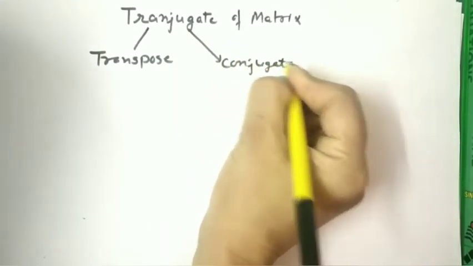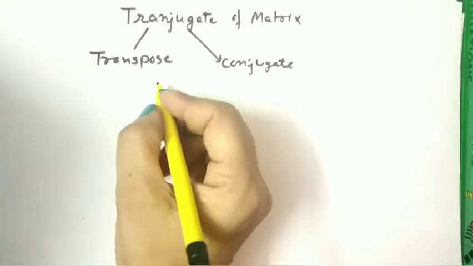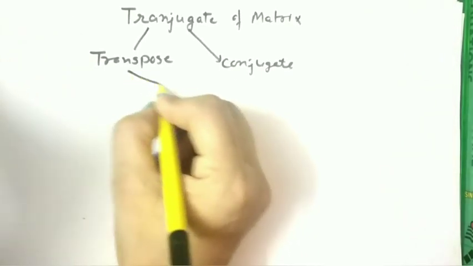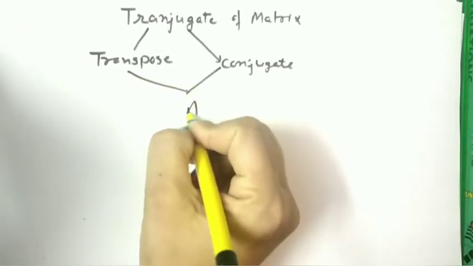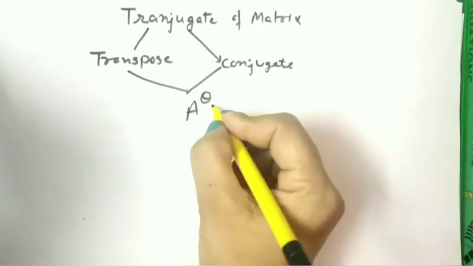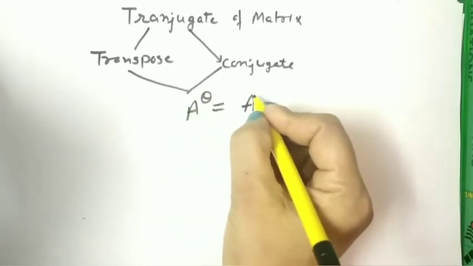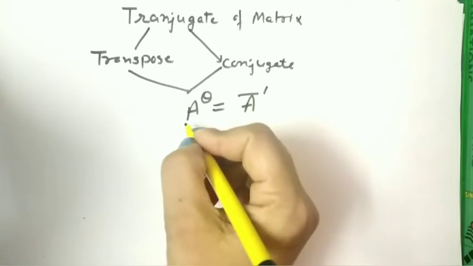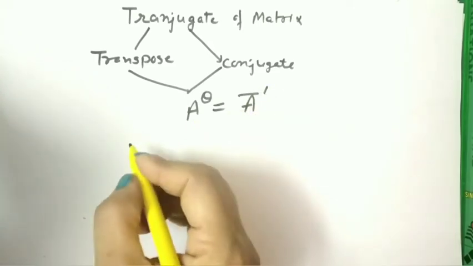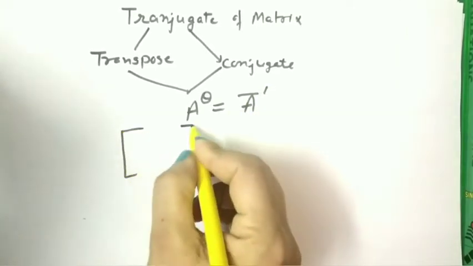We have to apply both these operations on one matrix and we get a new matrix, which is denoted by A theta. So A theta is nothing but the transpose and conjugate of a matrix. So we have to take both these things on a matrix.